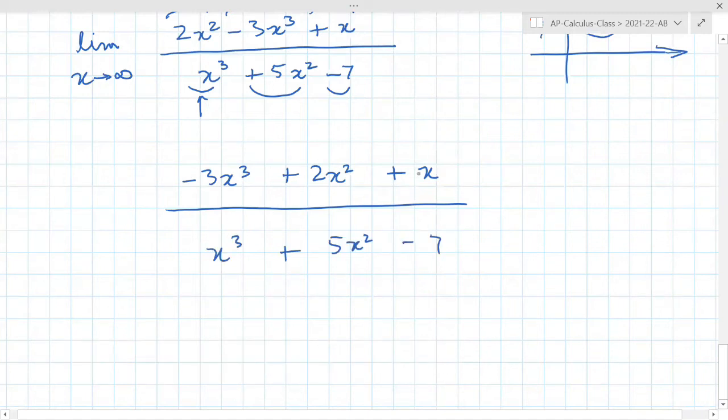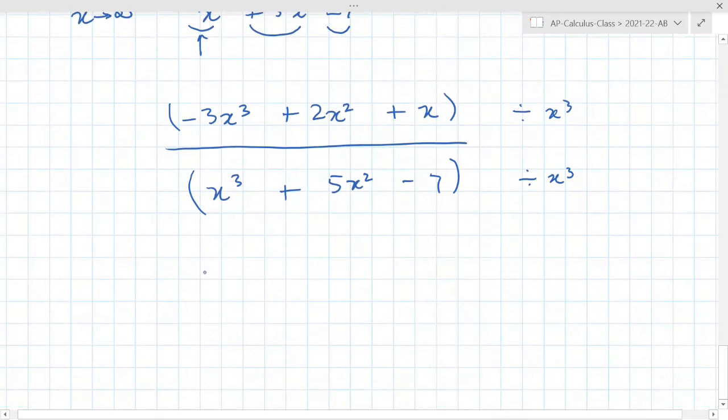Now the biggest power in all of these terms is 3, right? So I'll divide both the numerator and denominator by x cubed. I can do that, since I'm doing the same thing to numerator and denominator, so the fraction remains the same.